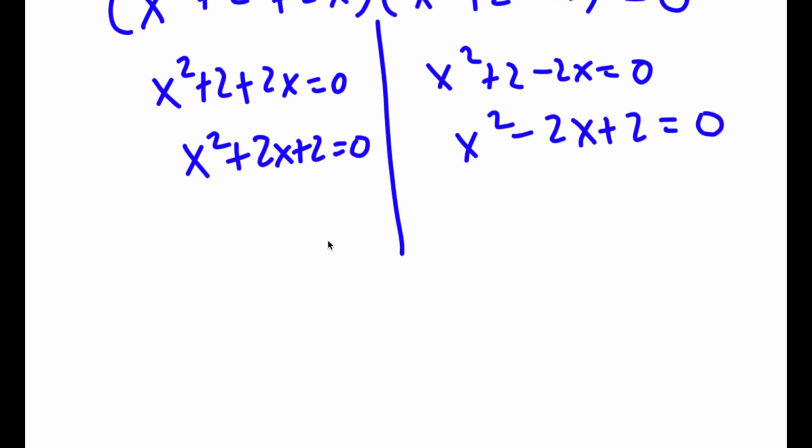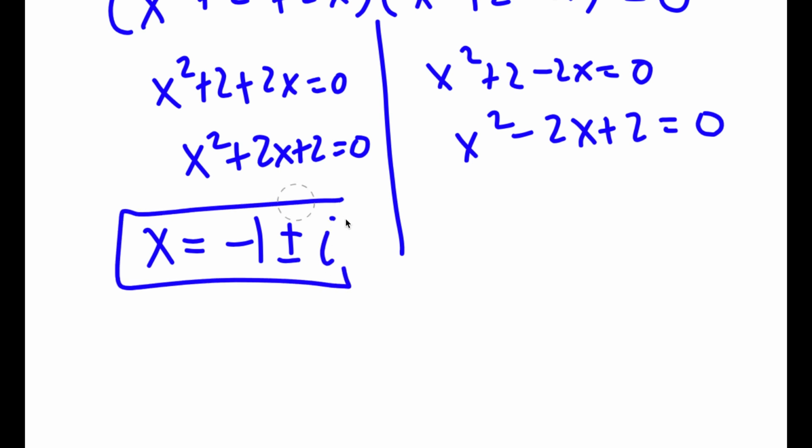So I'm actually not going to waste your guys' time and put these in the quadratic formula. I'll just say that if you go ahead and simplify, plug this into the formula and simplify, you get that x is equal to -1 plus or minus i. So these are the two solutions for x squared plus 2x plus 2 equals 0.